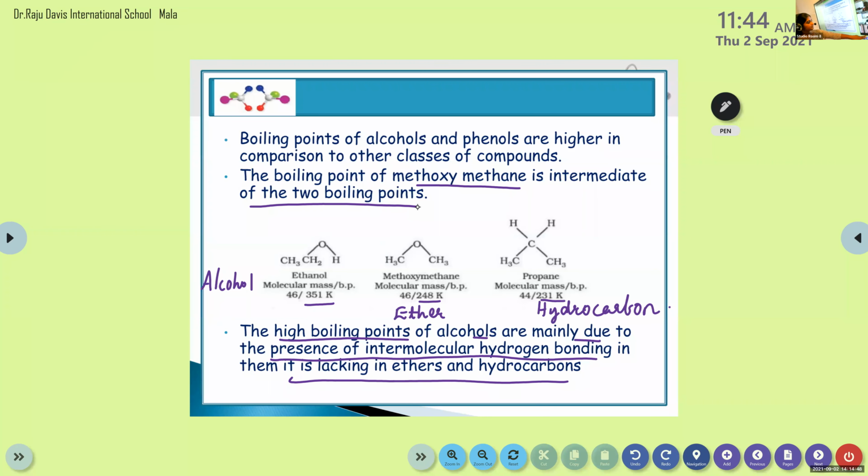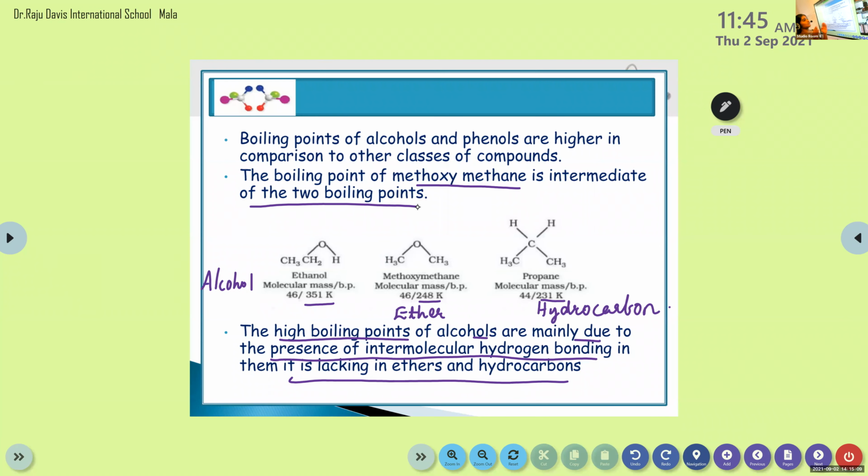Ma'am, boiling point decreases with increasing carbon chains, but we are saying when carbon increases, boiling point increases, right? Which one? Here, with increase in branching.